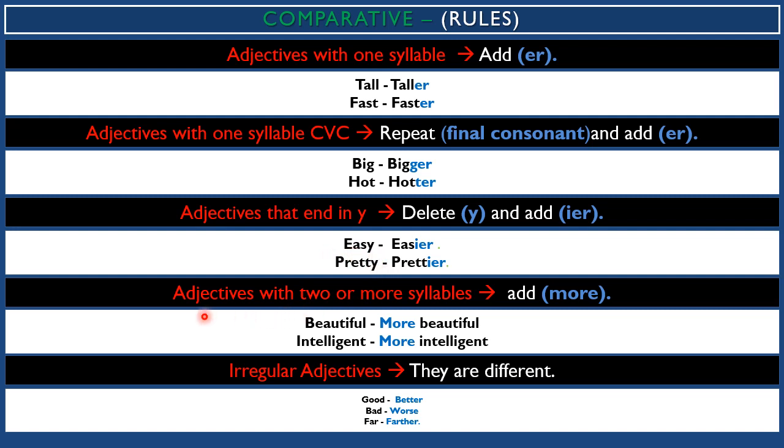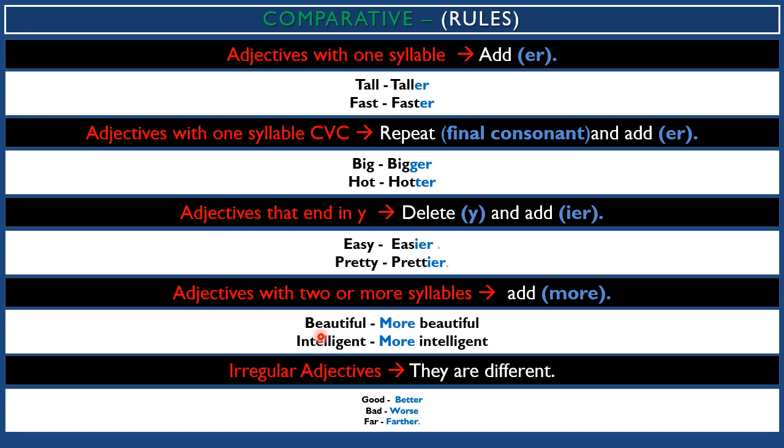The next one, adjectives with 2 or more syllables. In this case, we add more. For example, beautiful, more beautiful. Intelligent, more intelligent. So in this case, it's possible to use more because these adjectives have 2 or more syllables.